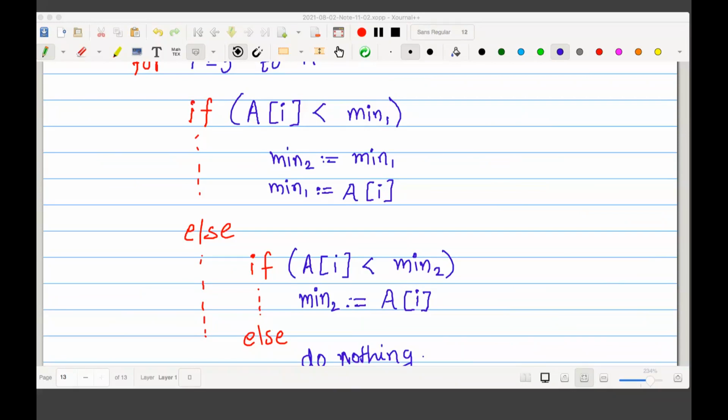Okay, so someone said sorted array. Sorted in which order? Ascending order. Okay, so let's consider an array in ascending order.